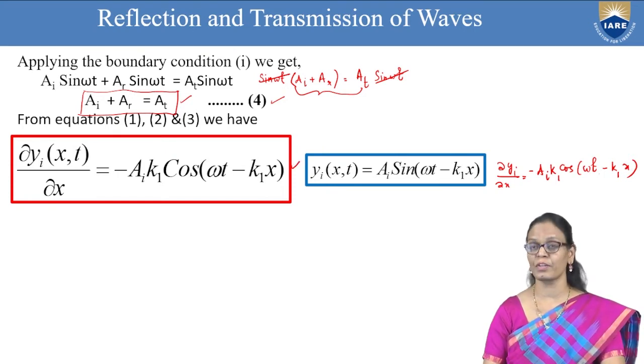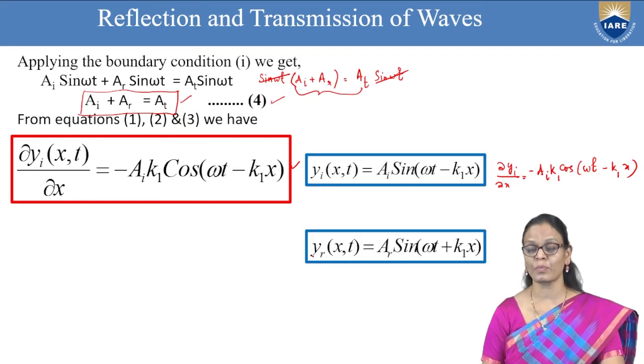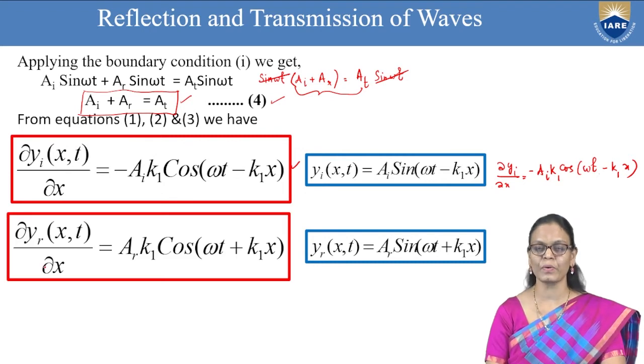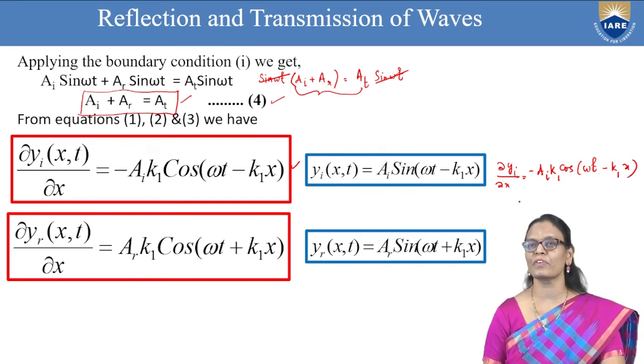Now for a reflected wave, we have the equation yr(x,t) is equal to Ar sin(ωt + k1x). So what will be ∂yr/∂x? ∂yr/∂x will be Ar k1 cos(ωt + k1x). The same rule we will apply here.